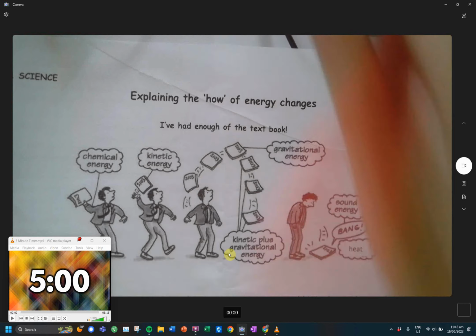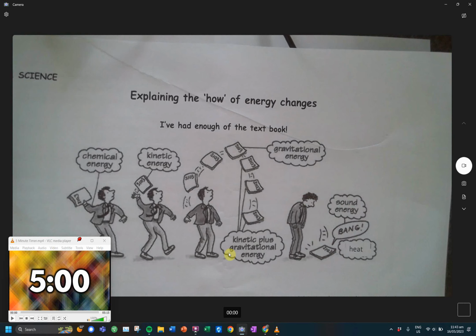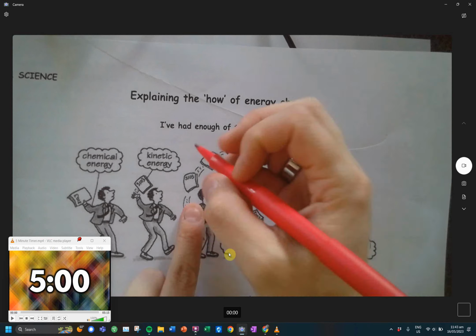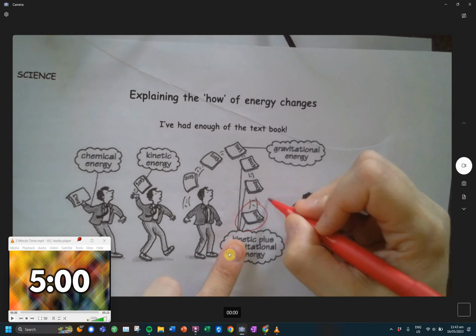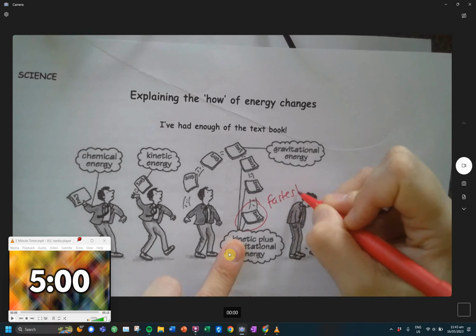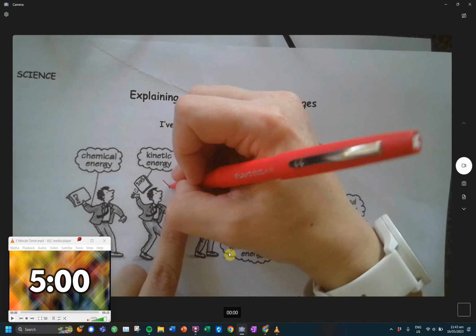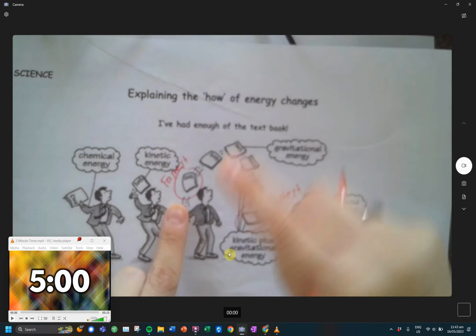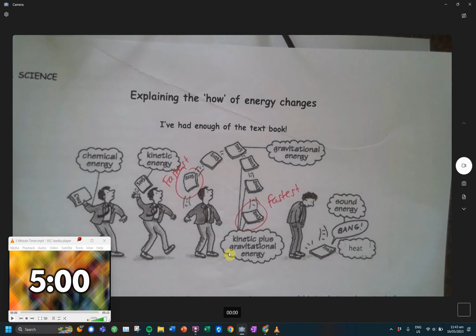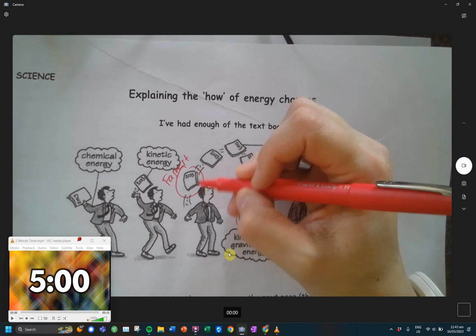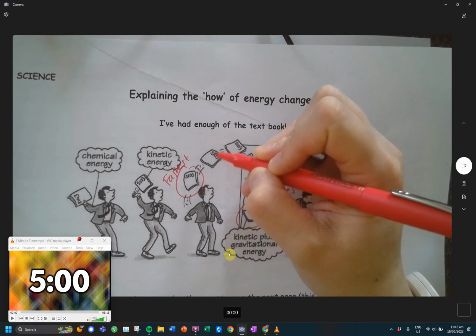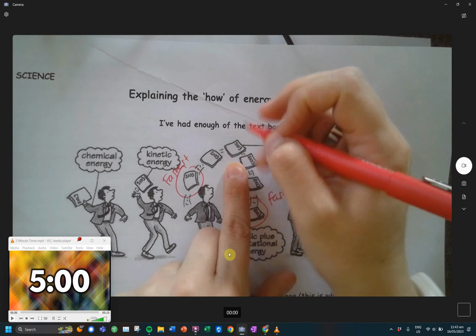Yeah. So basically, with kinetic energy, we're thinking about when the book is moving the fastest. When it's coming down here. Yep. No? You're pushing it up. And when you're pushing it up, as the book is going upwards, it's going to keep going up and up, but it's going to slow down.